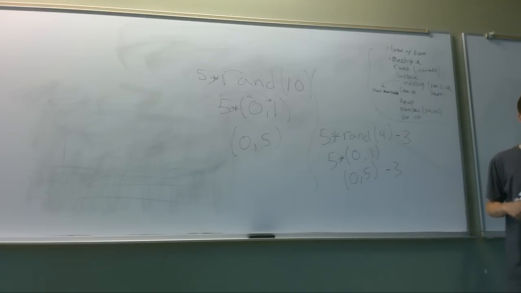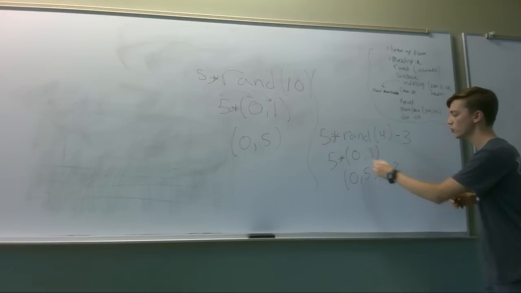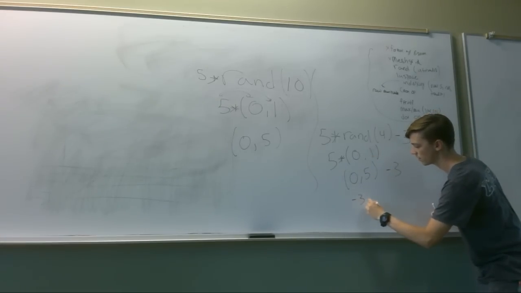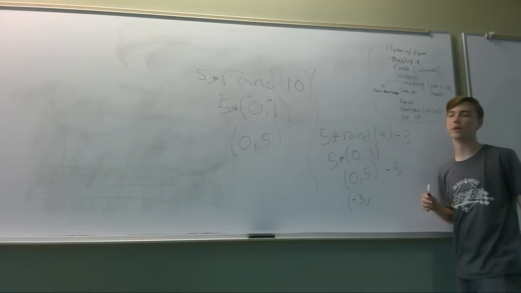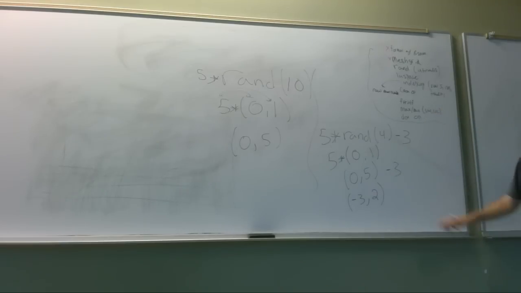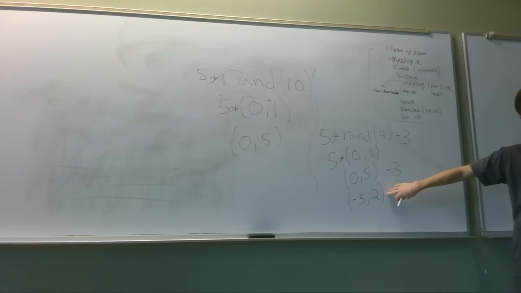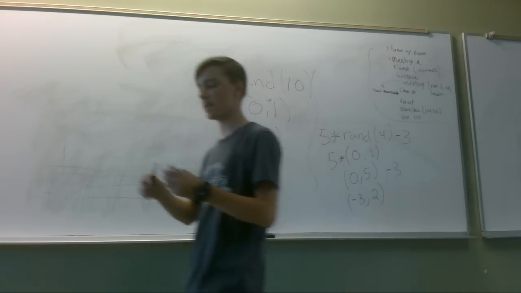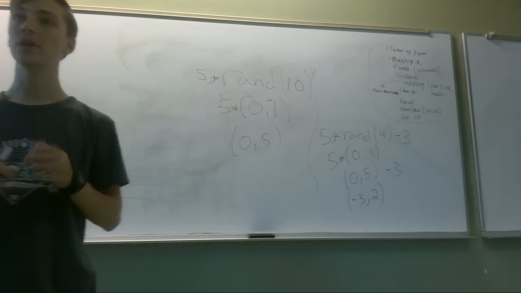If we drop all of these values by 3, we drop our 0 starting point by 3, which takes it to negative 3, and we drop our endpoint by 3, which takes it to 2. So now I'm going to get a 4 by 4 matrix of values ranging from negative 3 to positive 2. Does that make sense? If you have your laptops, you can plug and chug this out right now and find that. Are we good on that?